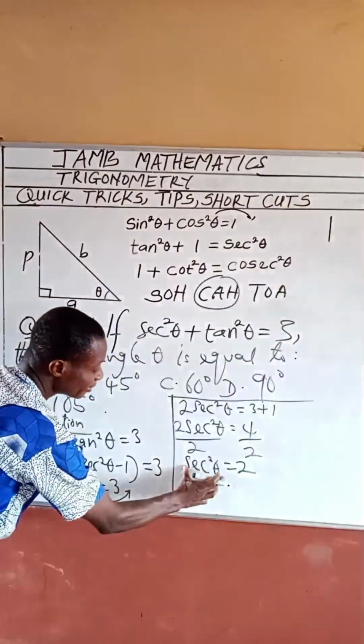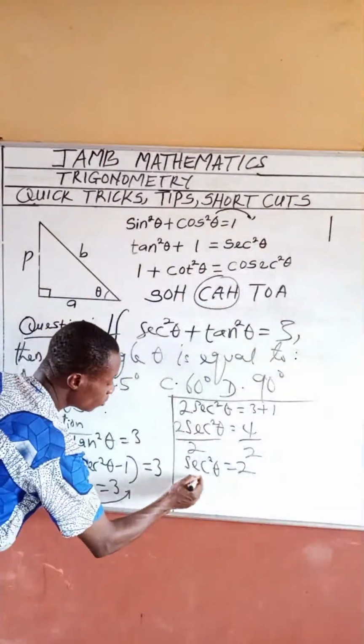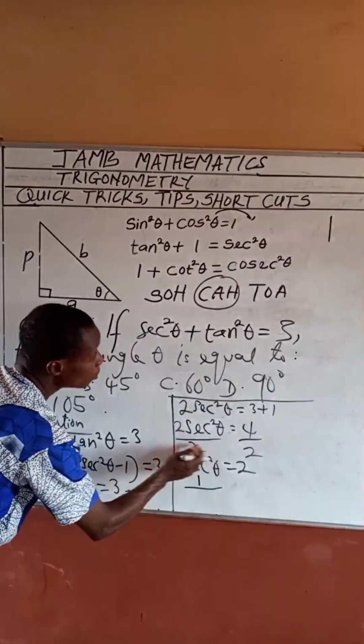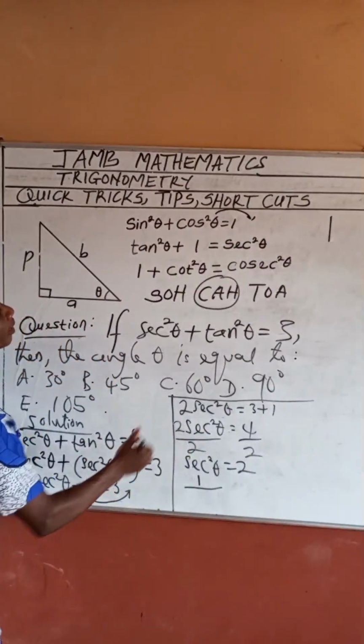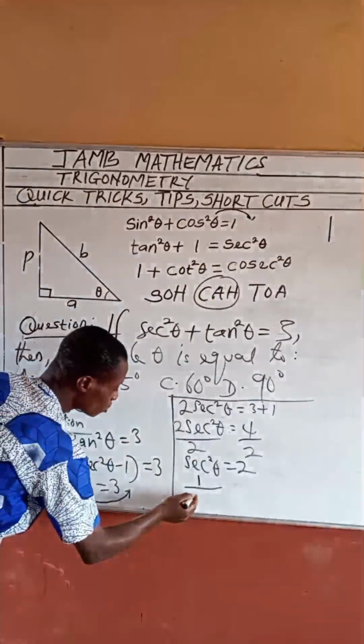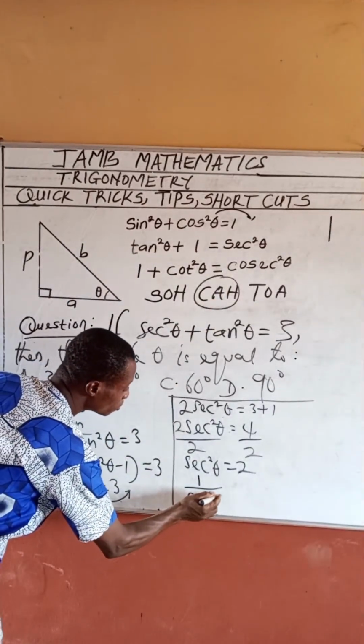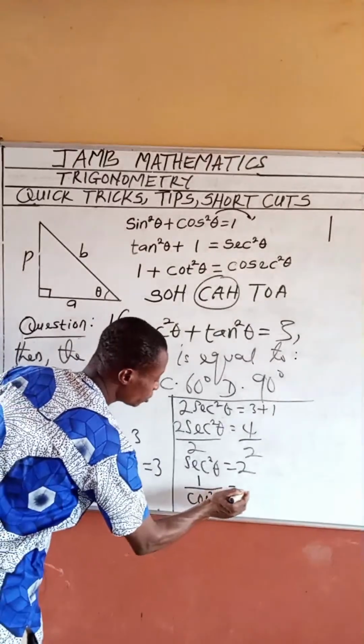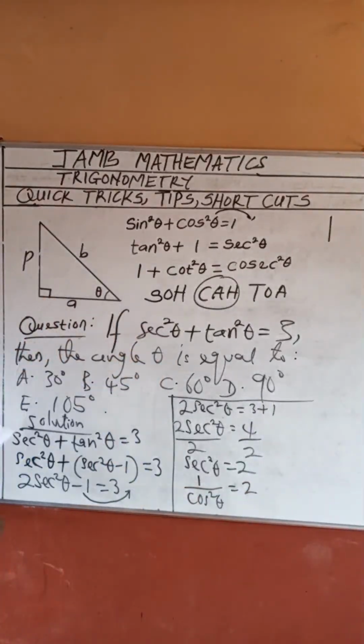So what is sec squared theta? Sec squared theta is 1 over cos square theta, and that is equals to 2. So 1 over cos square theta is equals to 2.